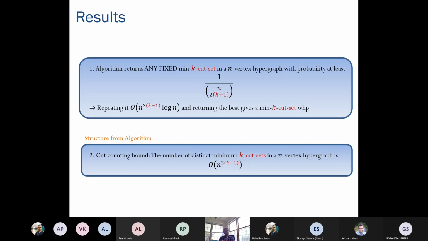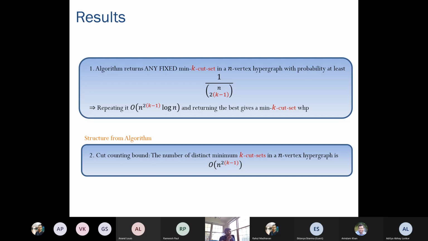Right. Questions on this? Hi. So, is there a lower bound which can be shown on the runtime for some k? I believe there is an n to the k lower bound for graphs.